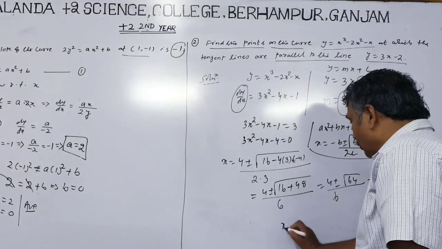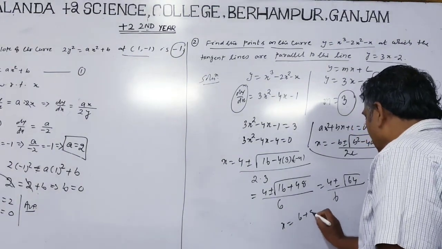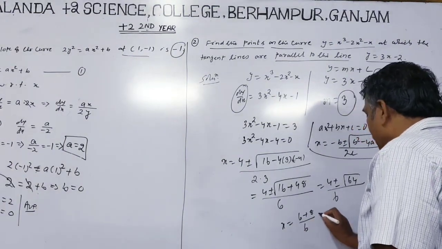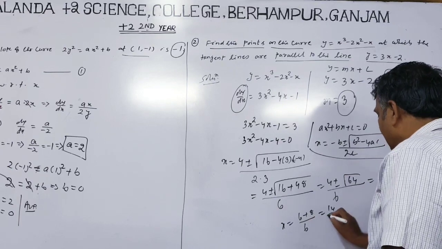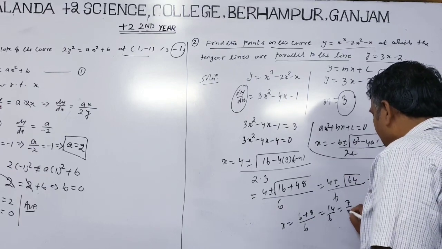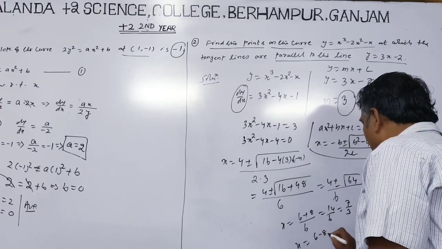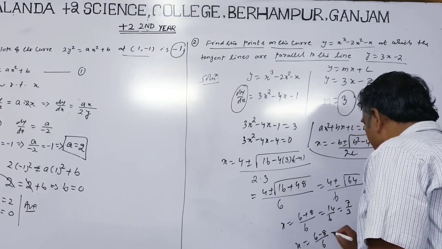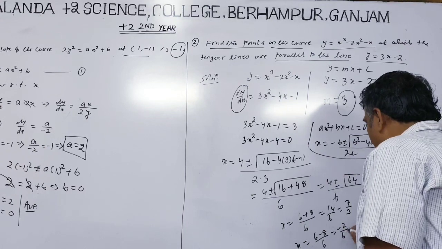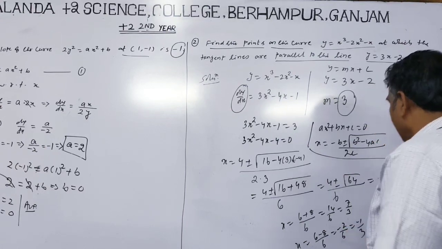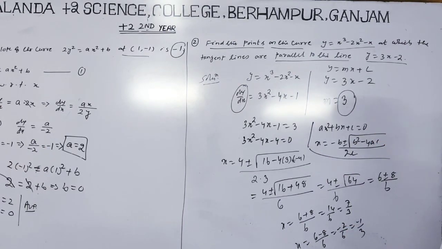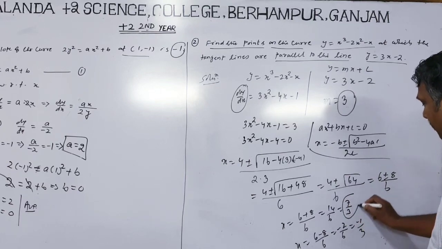So x equals (4 plus 8) by 6, how much? 12 by 6... equals 7 by 3 as computed. And another x equals (4 minus 8) by 6, so minus 4 by 6 equals minus 1 by 3. Now here x equals 7 by 3 or x equals minus 1 by 3.